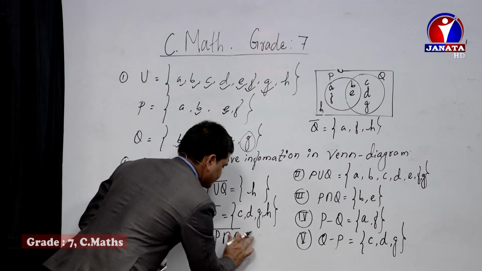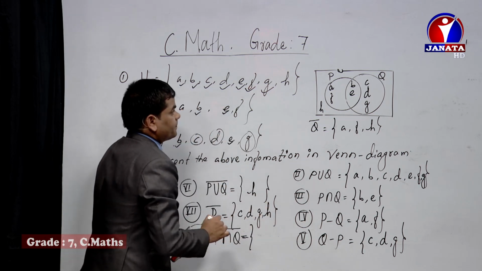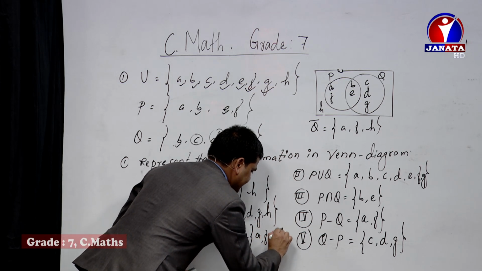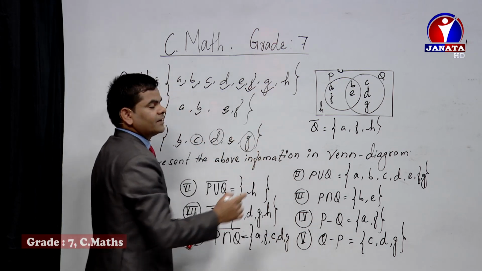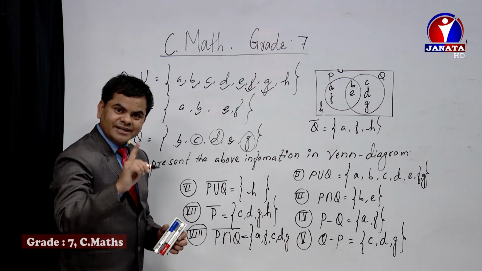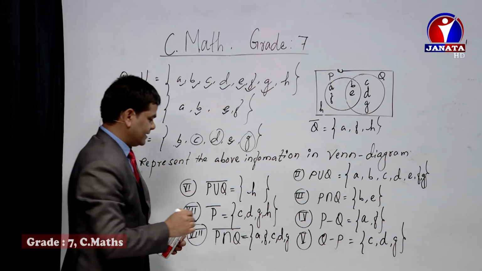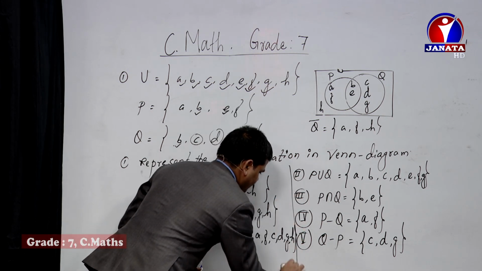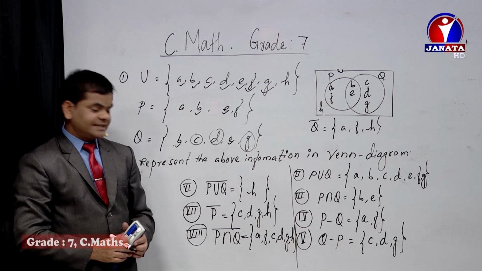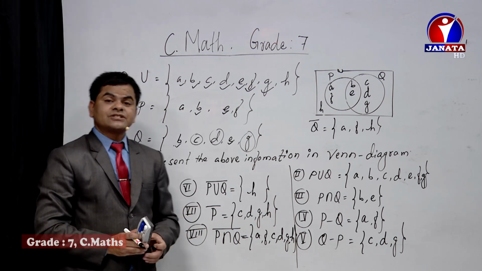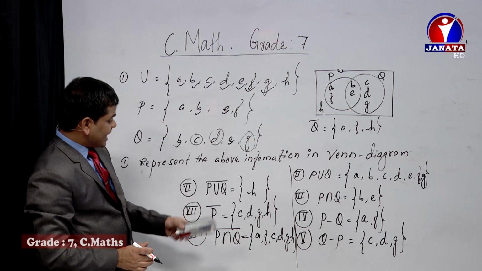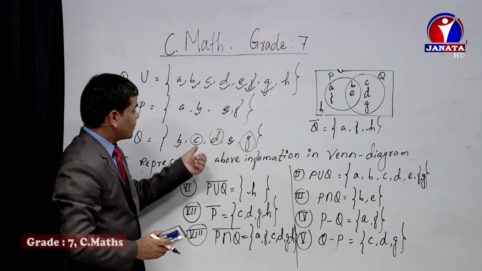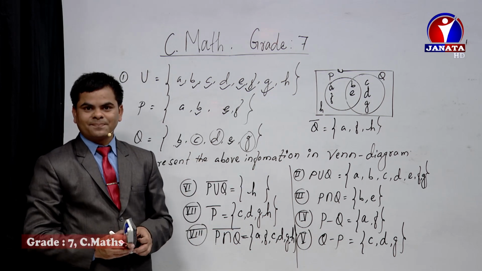So let's write here what happens: A, F, comma, C, D, G, and then we should not forget to include the elements of the complement as well. That means H. So this is the way of extracting the elements of any information through a Venn diagram.